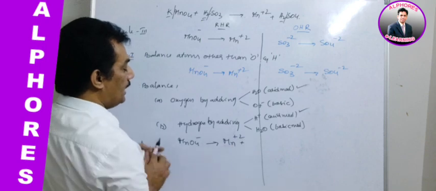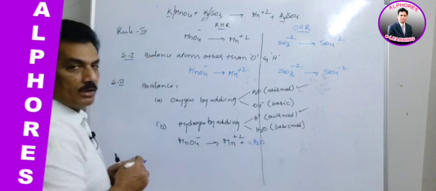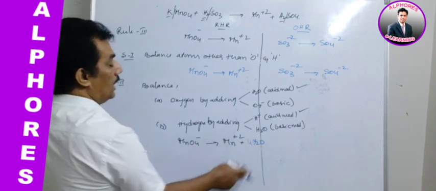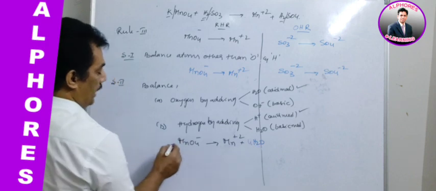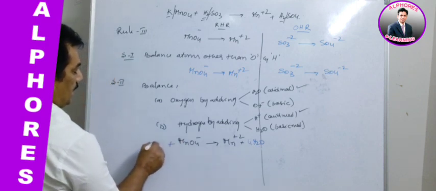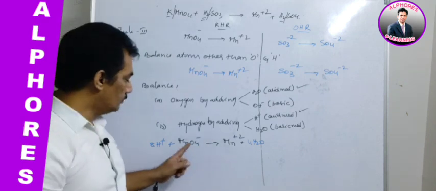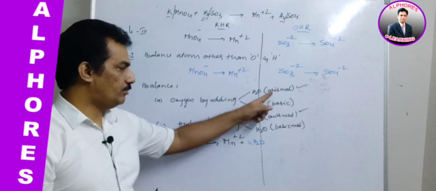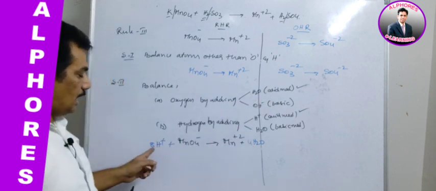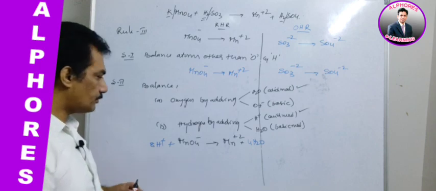So we are adding 4 H2O to balance oxygen. And to balance hydrogen we have to add H plus. How many hydrogens? 8. And thereby it is 8 H plus. Balance oxygen by water because it is acid medium, and to balance hydrogen H plus because it is acid medium.